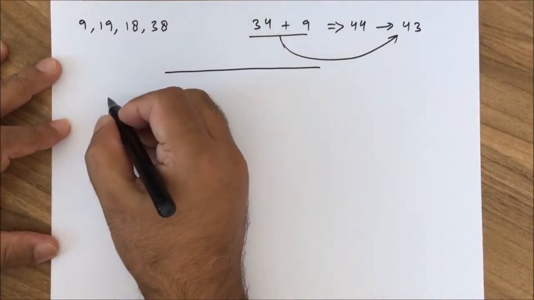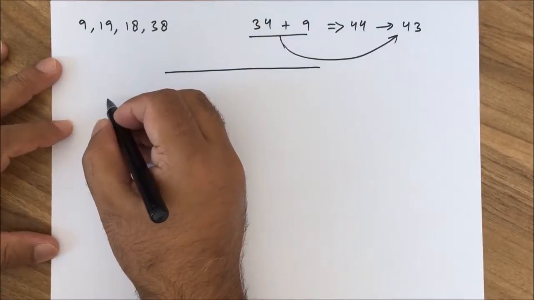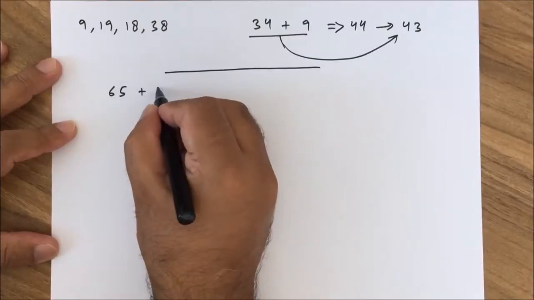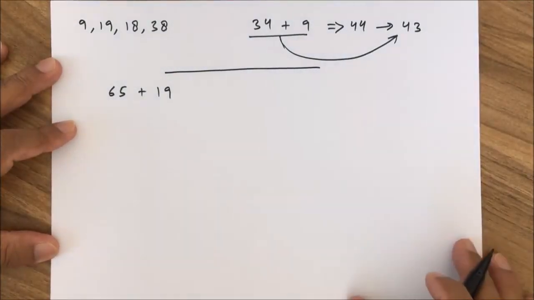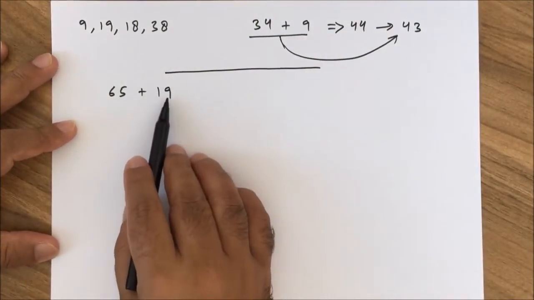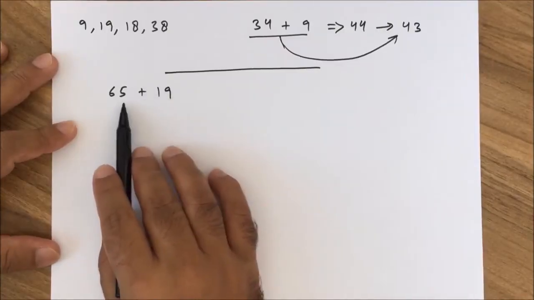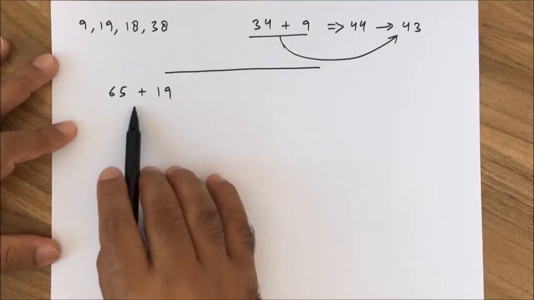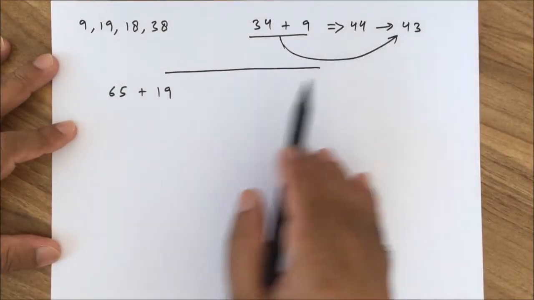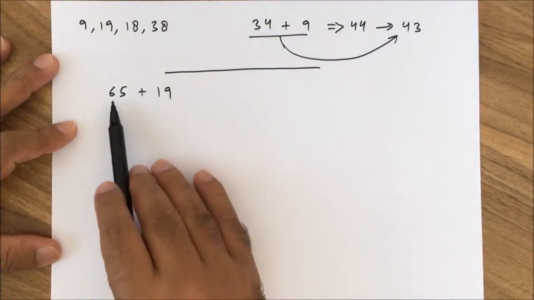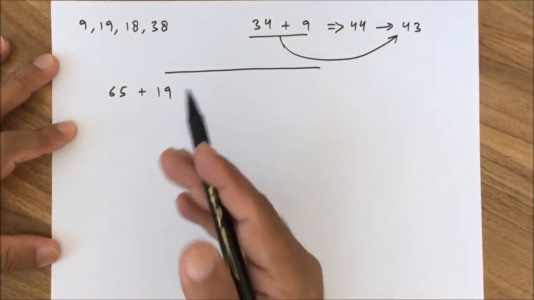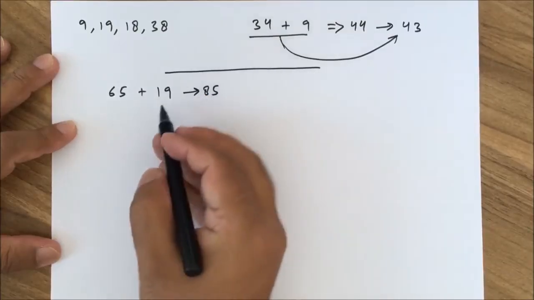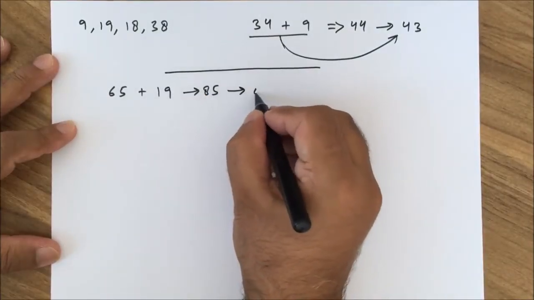If we add big numbers, not only 9, let's say 65 plus 19, we want to do this sum. 19 is close to 20, so 65 plus 20 is 85. Why? Because in 10 you have to jump once, and in 20 just jump twice. This is 65, so 75, 85. 85 should be in your mind, and then take away 1 to make it 84.